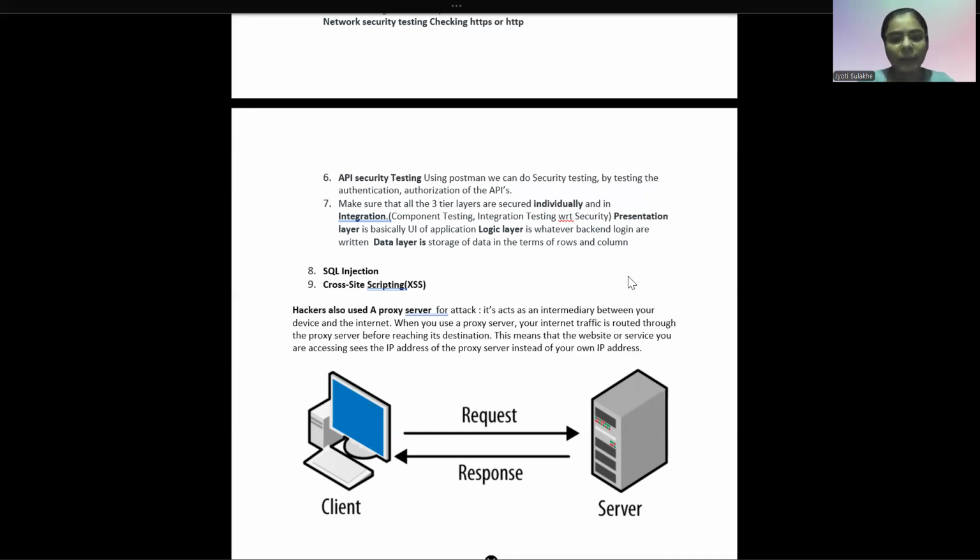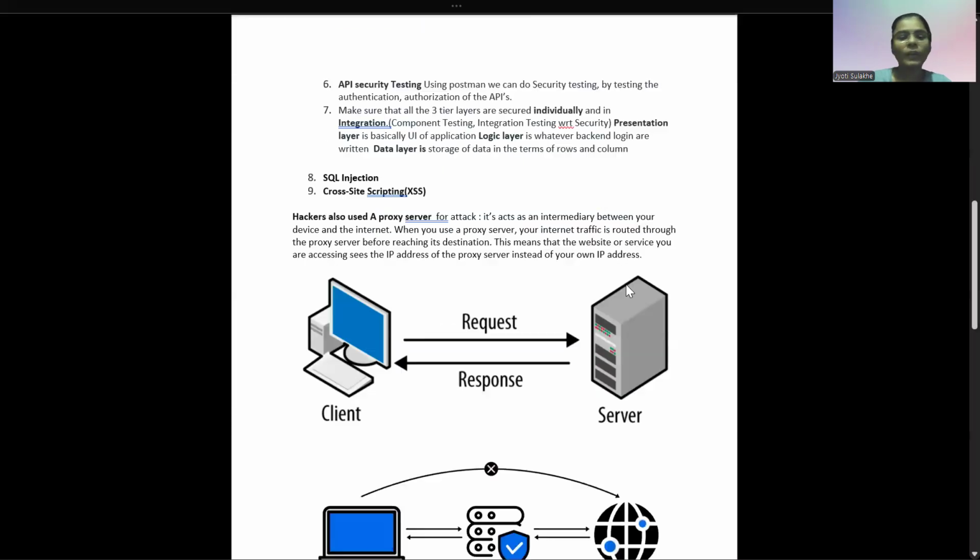Another type is testing the three-tier layers individually: first is the presentation layer, second is the logic layer, and third is the data layer. We check these three-tier layers also.